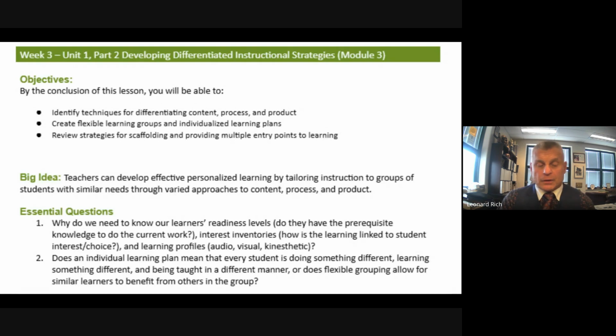So, as we look at content, process, and product, we have our program of study. Do you have an example of where you put different processes in that students could address the same or similar content?